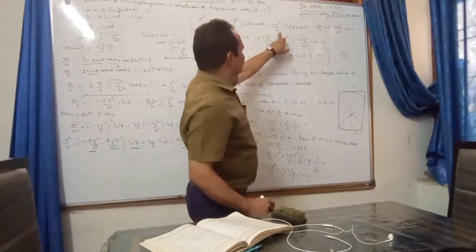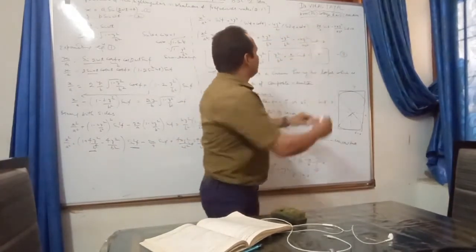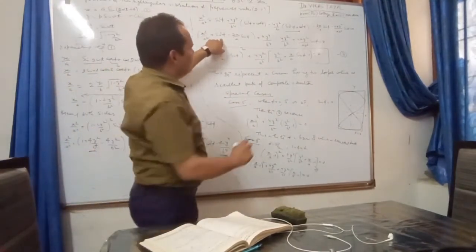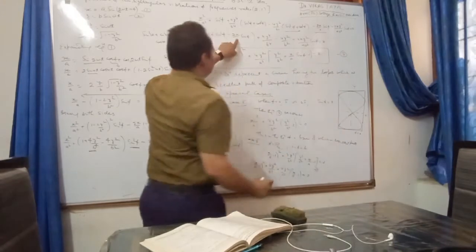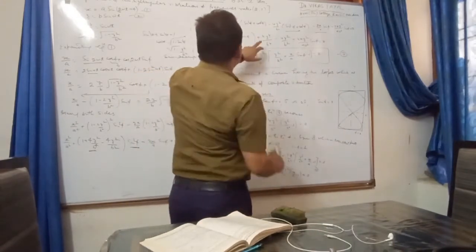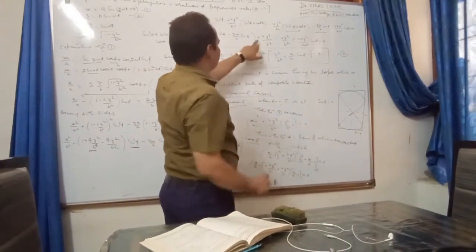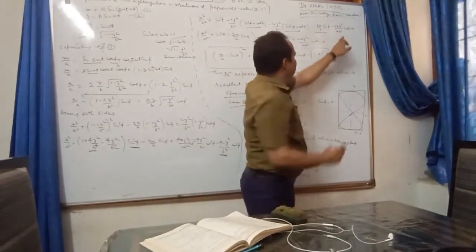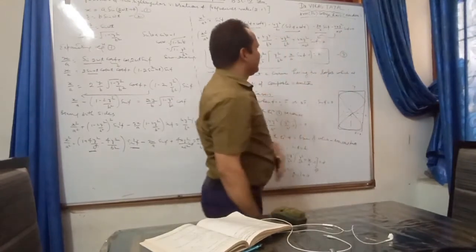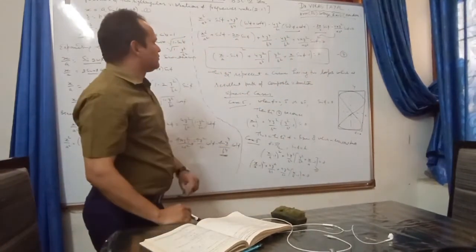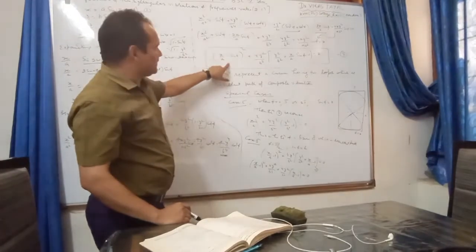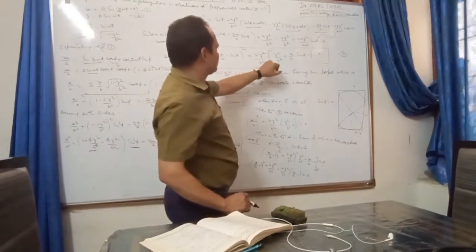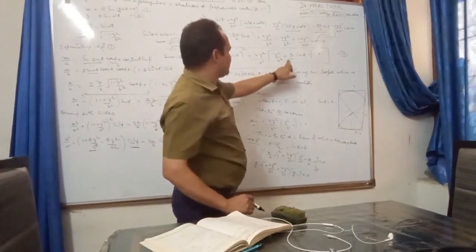Again y square upon b square sin square phi cos square phi, this will become 1, x square upon a square plus sin square phi, and this factor minus 2x upon a in the bracket, again 4y square upon b square, this again becomes 1, so it is minus 4y upon b square plus this term 4xy square upon a square sin phi is equal to 0.